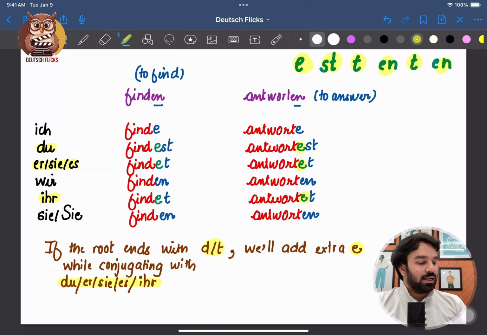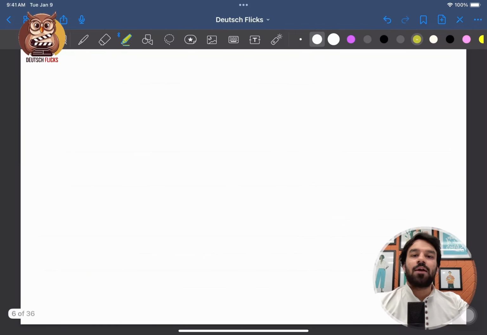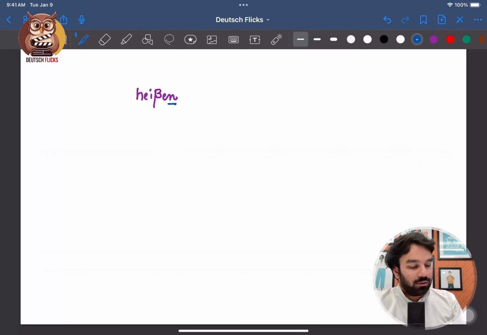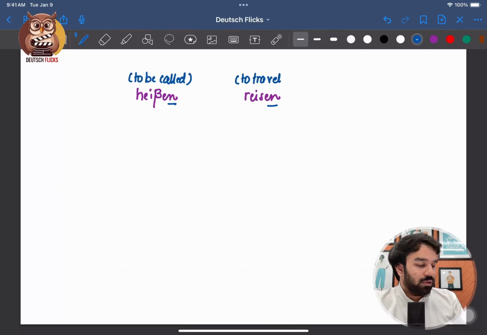Alright, now let's take a look at more verbs. Okay, so I want you all to pause this video and write all the pronouns in sequence, and we will conjugate the verb heißen, which means to be called. We will also conjugate the verb reisen, which means to travel, a very important verb, because for most of us traveling is our hobby.